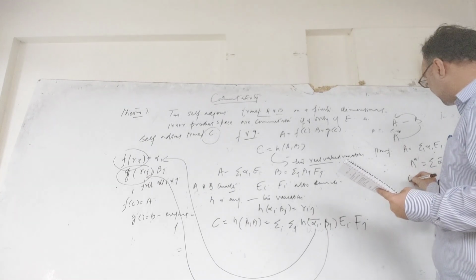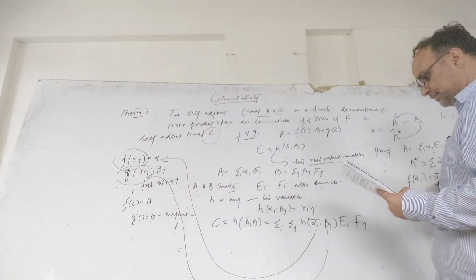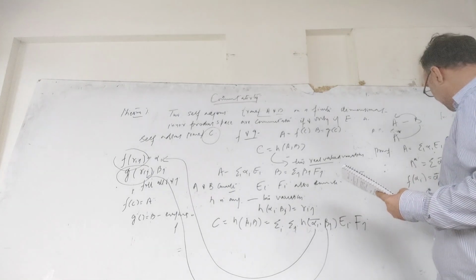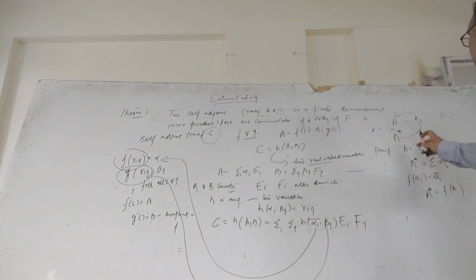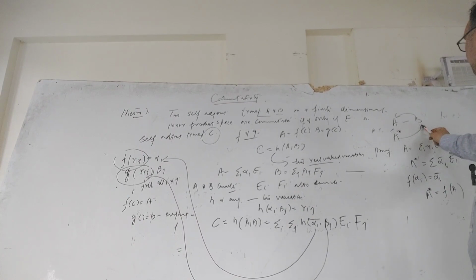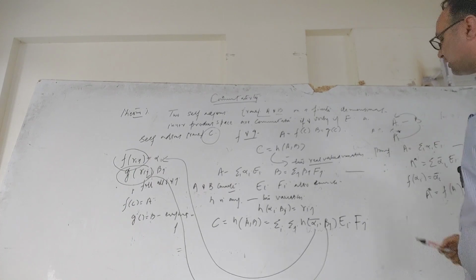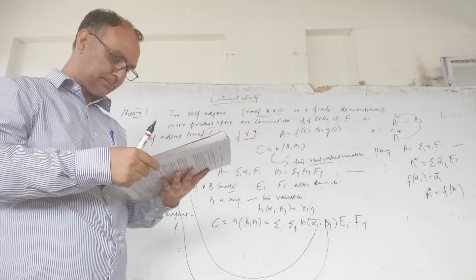So f of alpha I is equal to alpha I star, and A star is f of A. Again from this we can see it. So if B commutes with A, it should also commute with A star. Since A and A star are the same, they are self-adjoint. So you can see the proof is very simple.